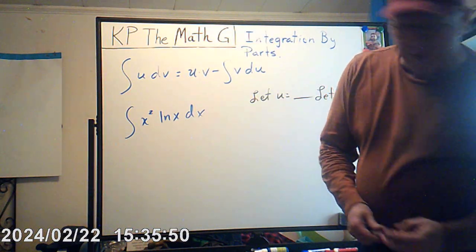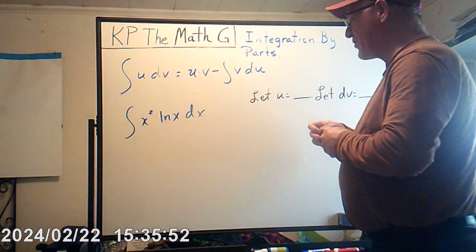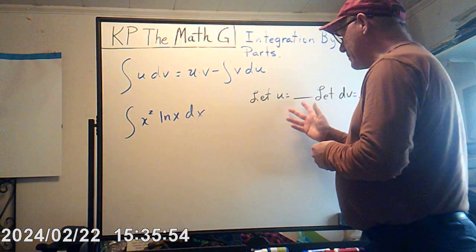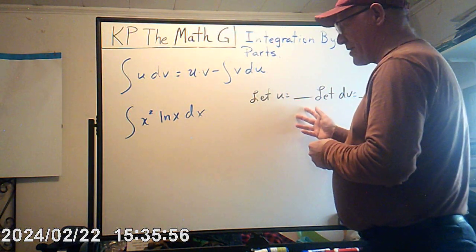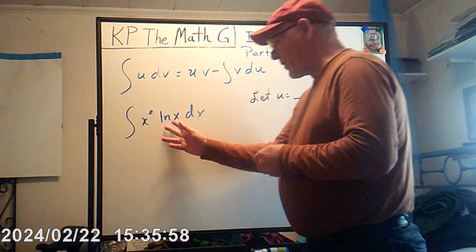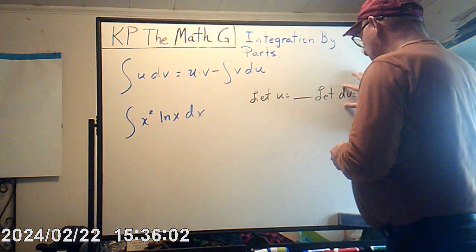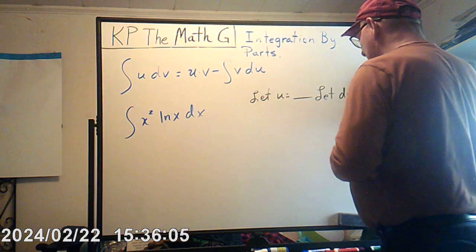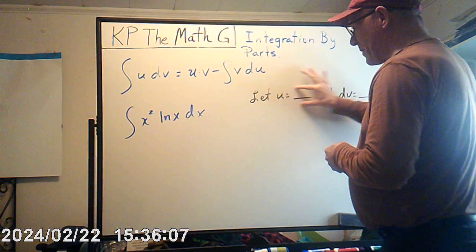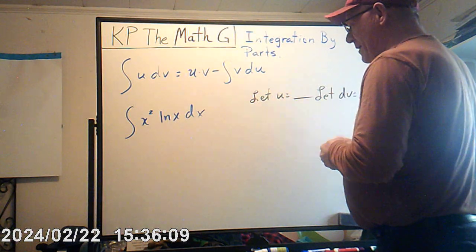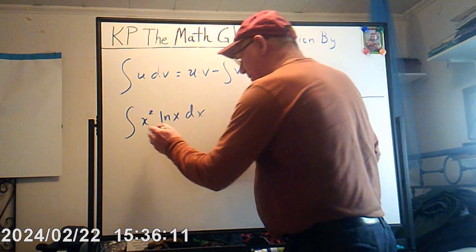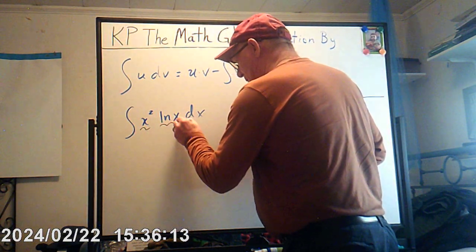We want to find something that we can find the derivative of easily. This is your integrating part here. This is your derivative part here. So you want to pick either this one or this one.